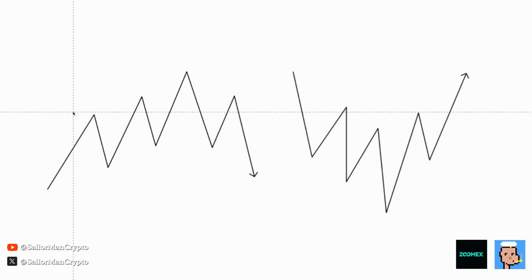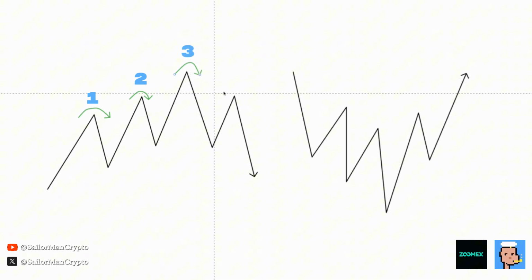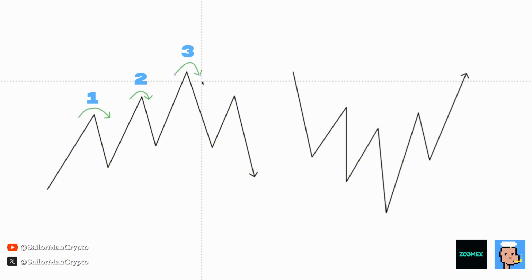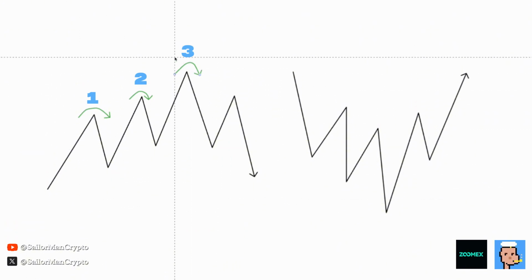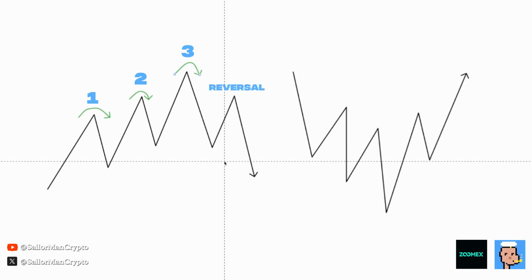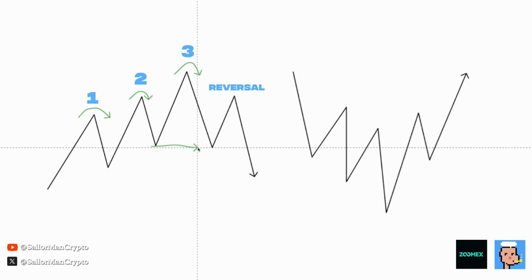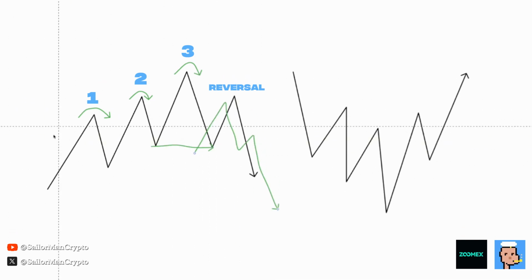So take the names from the 3 drives that are formed. You have the first, the second, the third drive that are creating an exhaustion of this trend, in this case a bullish trend, and at the end of the third drive you get a trend reversal with a break in structure, and then a downtrend developing after the 3 drives.